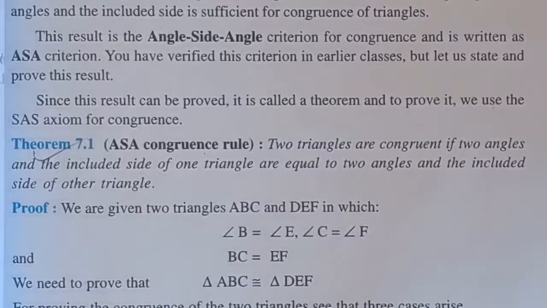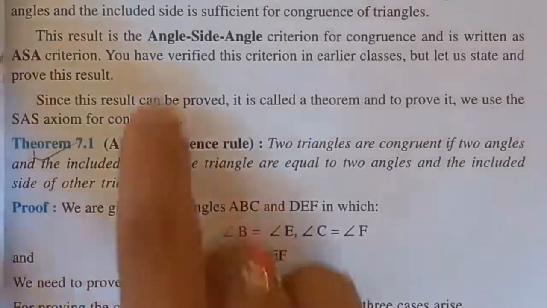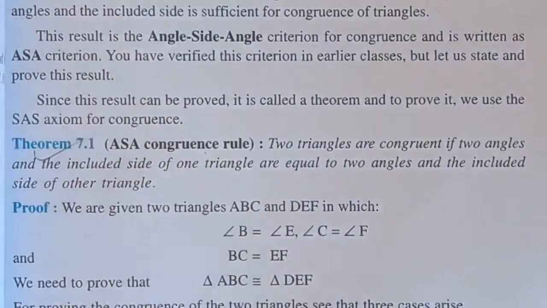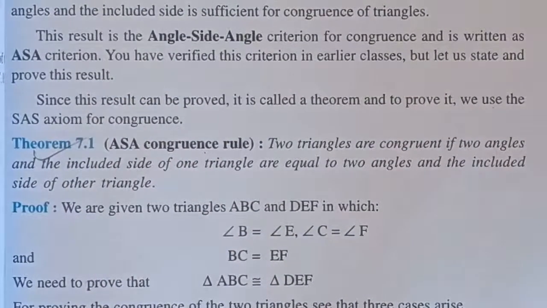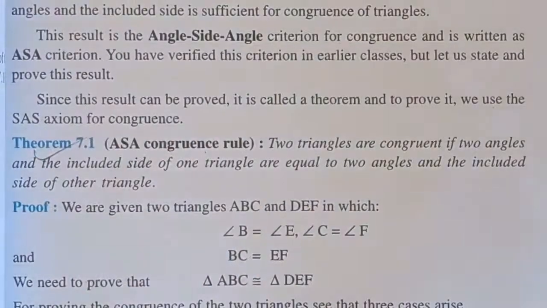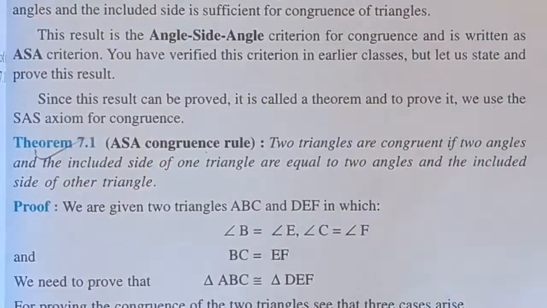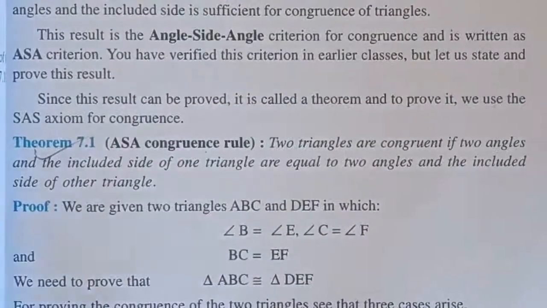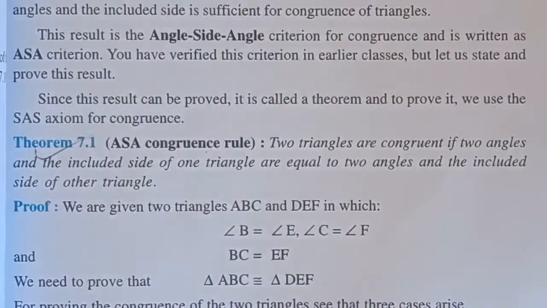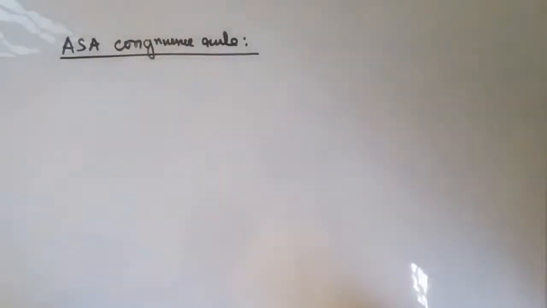So in ASA Congruence Rule, there is angle side angle congruence rule. The two angles and the included side of the corresponding triangles are of equal measure and of equal length. Let us try to prove this theorem, that is ASA Congruence Rule.